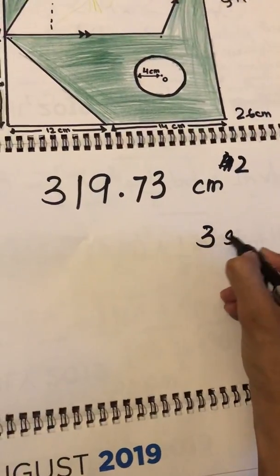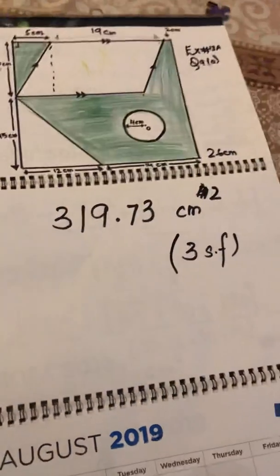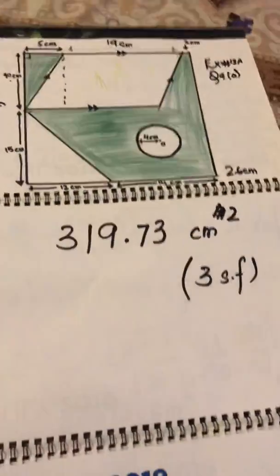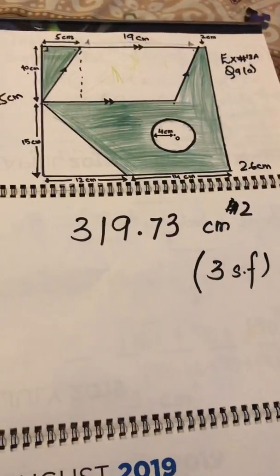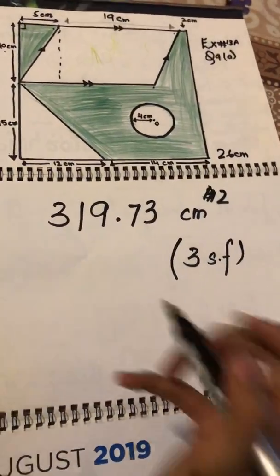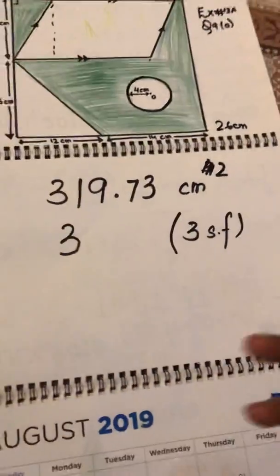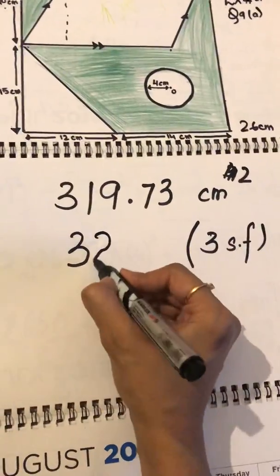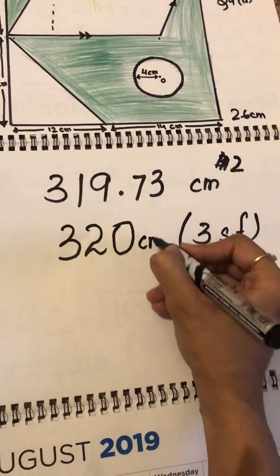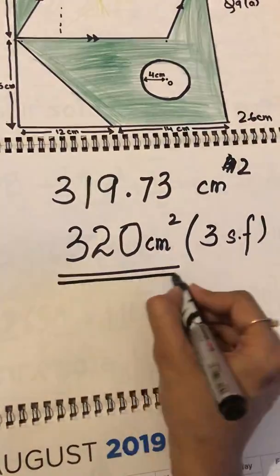Remember that when I gave you the conversion, I made a note, a clarified note, that the final answer should be nearest to three significant figures. Therefore, applying the 5 rules of significance, the three significant figure answer will be 320 centimeters square. And now that is your final answer.